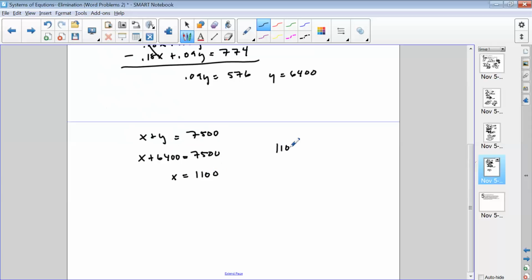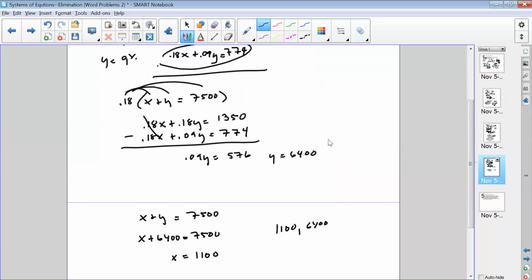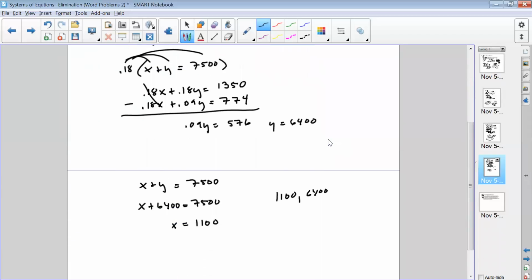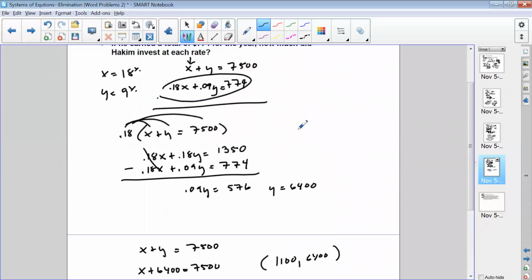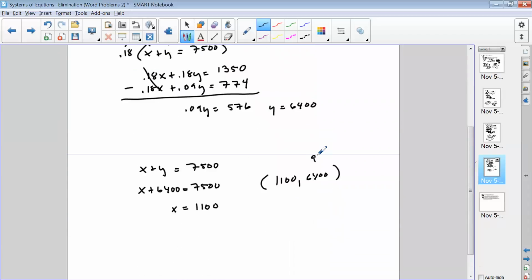So $1,100 in the 9% fund and 6,400. I think I had that backwards. 6,400 in the 9% and 1,100 in the 18%. And that would be your system.